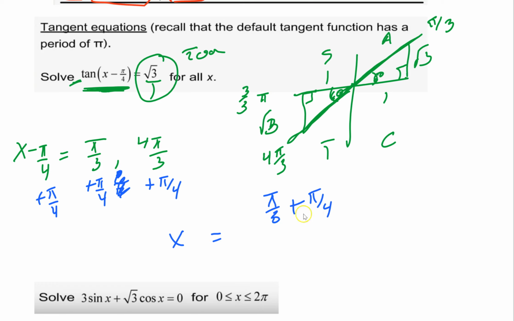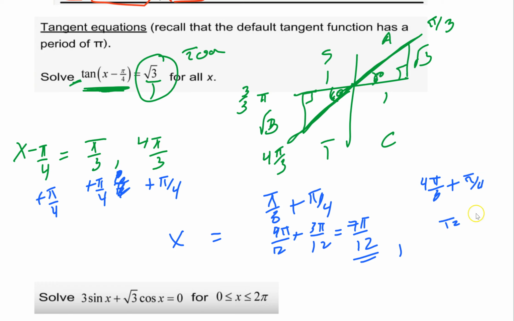I want to add them, I have to do a common denominator, so I'll make this 12. Multiply this by 4 over 4. Make that 12. Multiply this by 3 over 3. So I get 7 pi over 12. And then sending over there, 4 pi over 3 plus pi over 4, common denominator stuff.